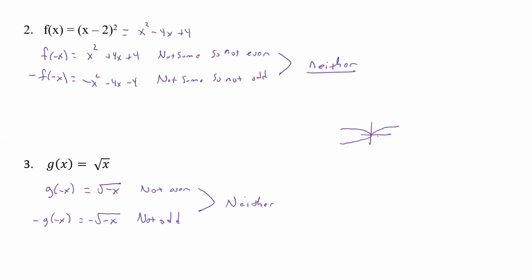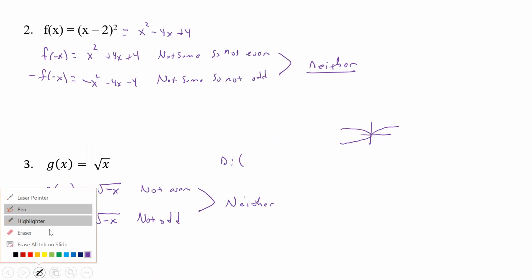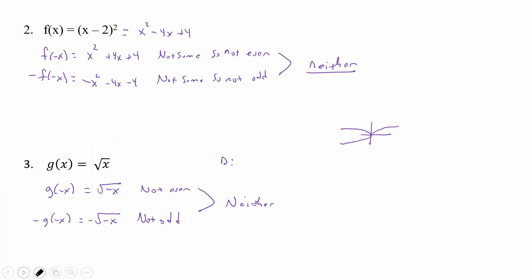Now if we think about this, when we draw this, what are our domains? We could also go by domains. So our domain here is from, where's my eraser? It's going to be from 0 to positive infinity, and our domain here is going to be from negative infinity to 0, and here it's going to be from negative infinity to 0 as well.